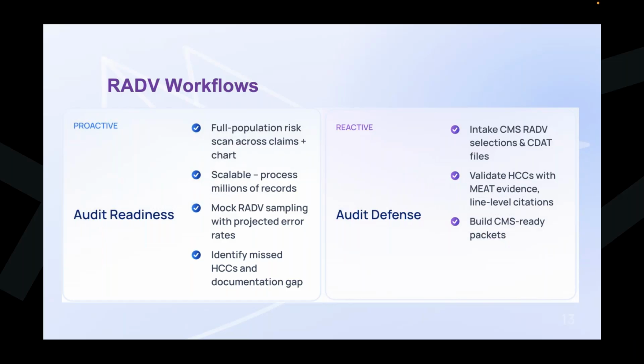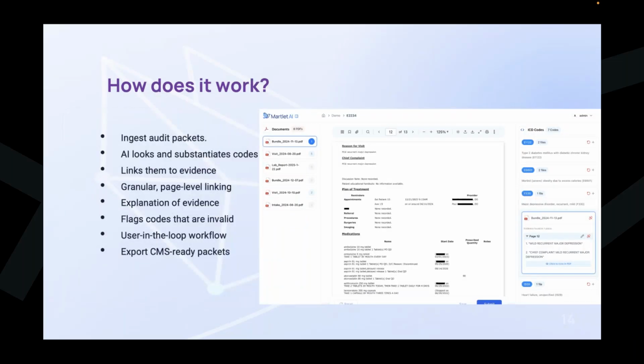That is proactive, meaning before you submit to CMS. Reactive is after you submit. In both cases, it's the same tool, the same philosophy. The only difference is that before you submit to CMS, you can make changes and make sure you don't run into penalties and further clawbacks.